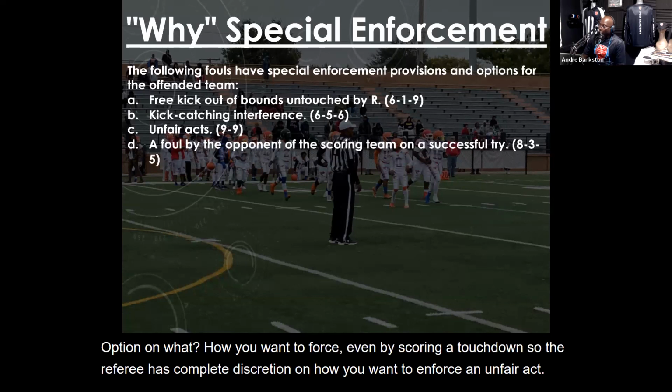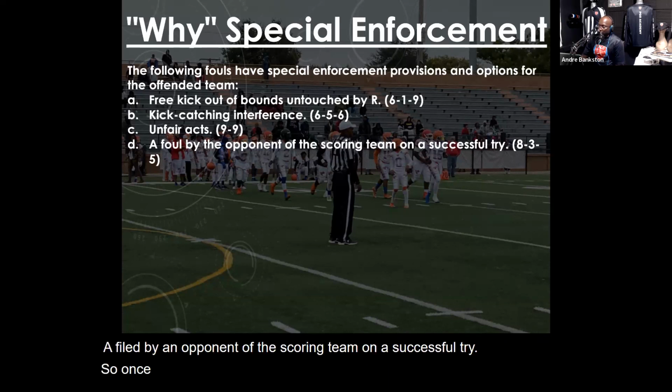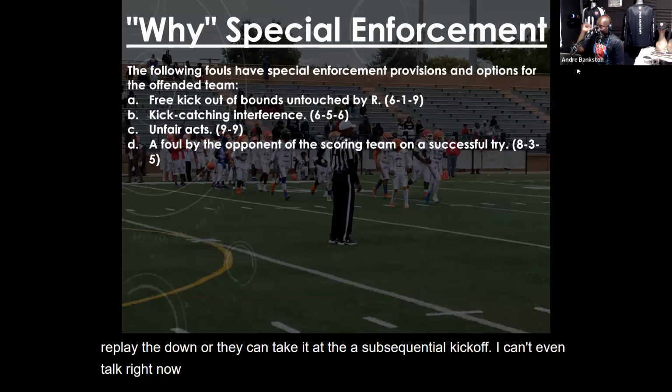A foul by an opponent of the scoring team on a successful try. Once a team scored a try and there was a foul by B, obviously they can replay the down, or they can take it at the subsequent kickoff.